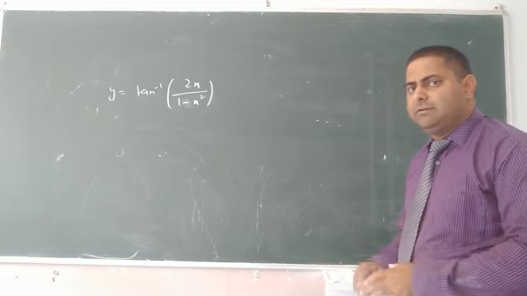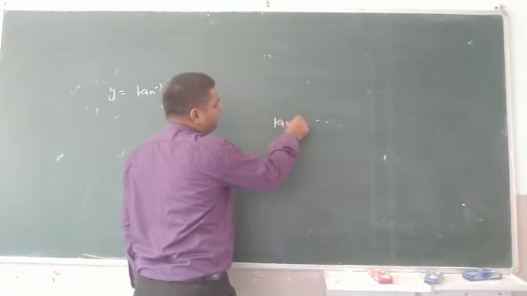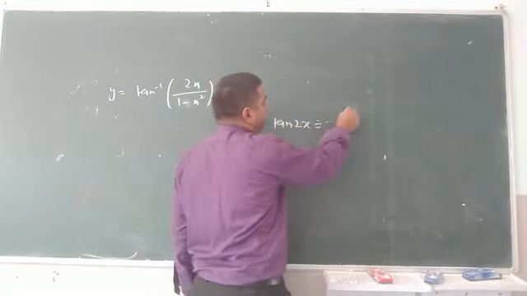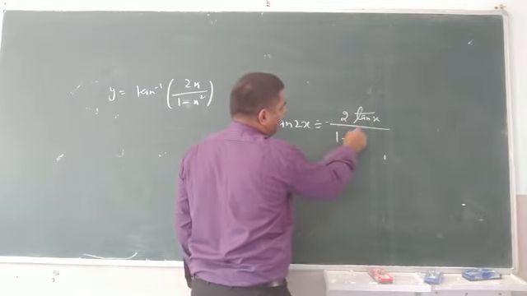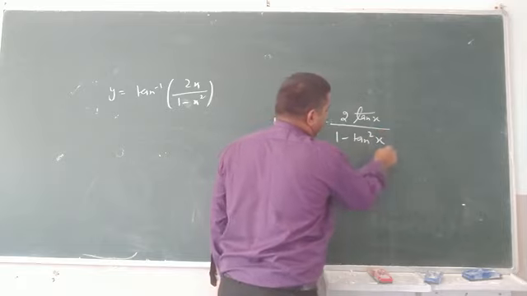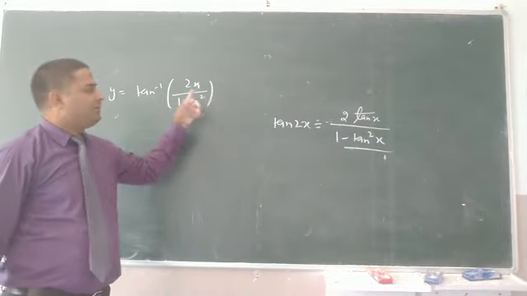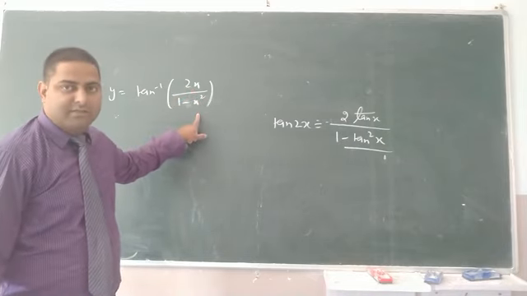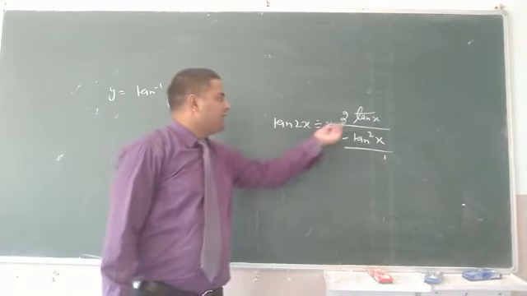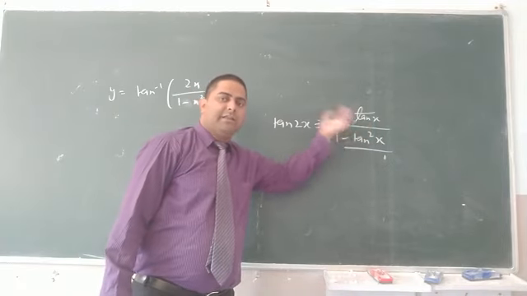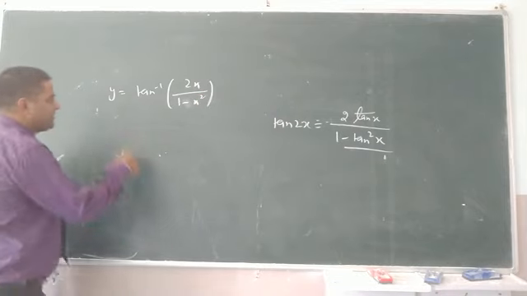In class 11, I think you have done this formula: tan 2x is equal to 2 tan x divided by 1 minus tan square x. Here, you see it is given 2x upon 1 minus x square. If we replace x with tan theta, then we will get the answer. So, we have to use the substitution.